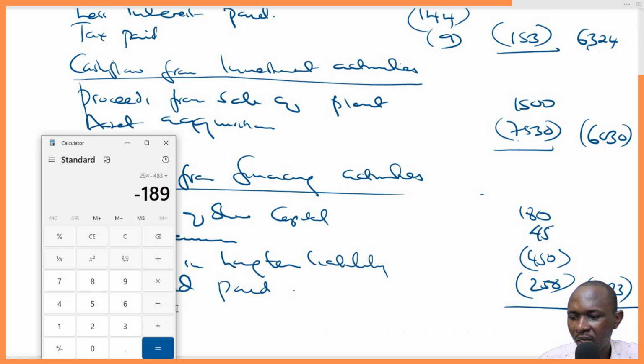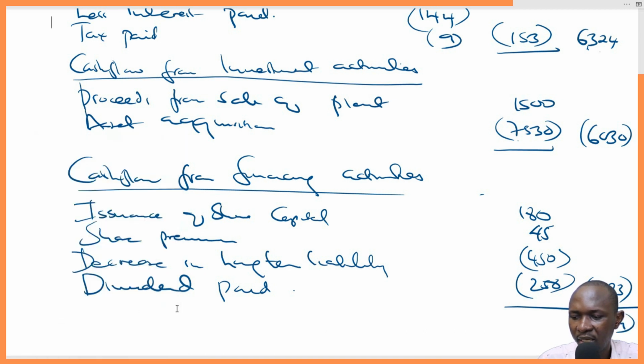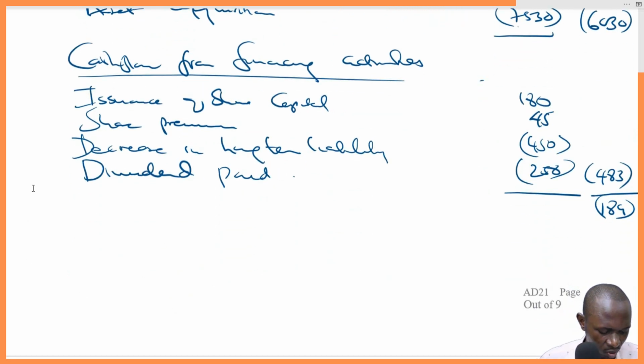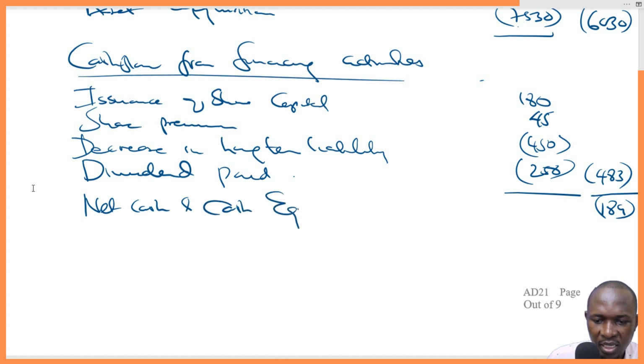That gives us negative 189. So this negative 189 will be our net cash and cash equivalent for the year.